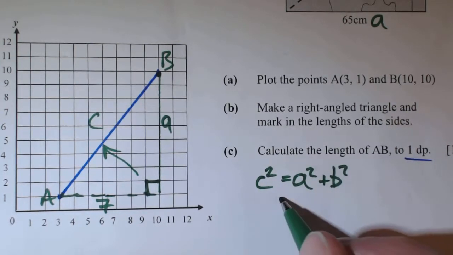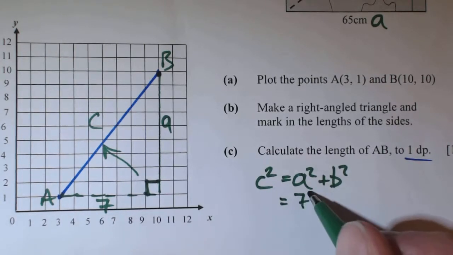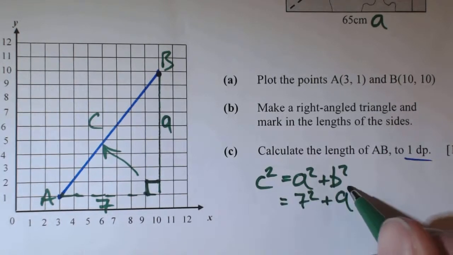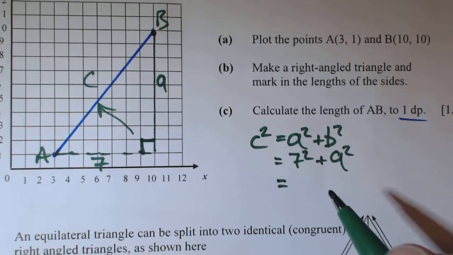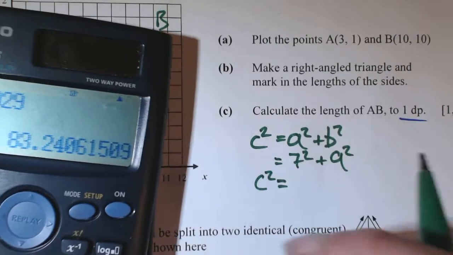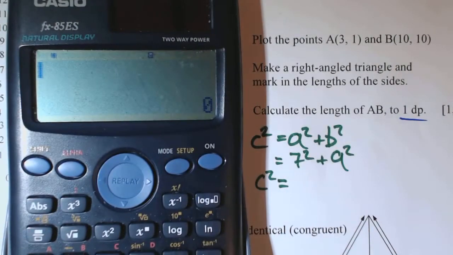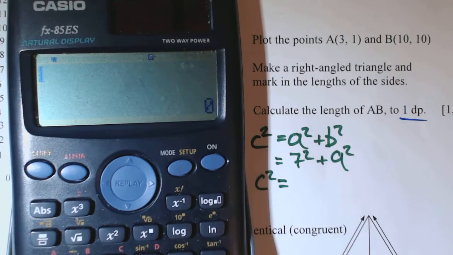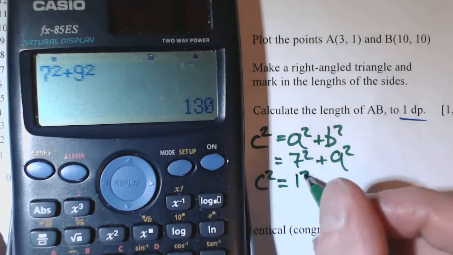Remember, it's to 1 decimal point, so 7 squared plus 9 squared. So C squared equals 49 plus 81. Right, so that's 7 squared plus 9 squared, and that's 130.